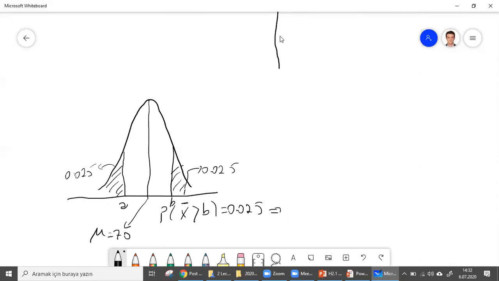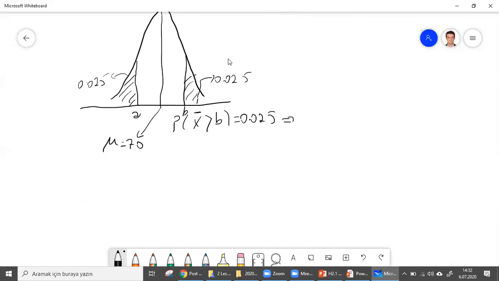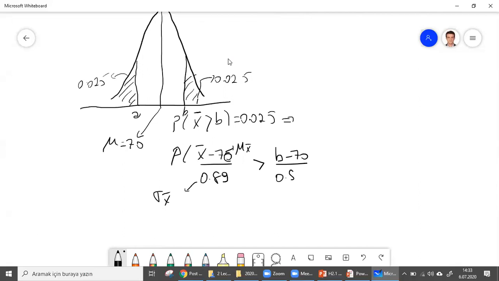Remember, how do we solve this? We convert to standard normal. The probability that X bar minus mu of X bar, which is 70, divided by sigma of X bar, which is 0.89, is greater than B minus 70 divided by 0.89, equals 0.025.